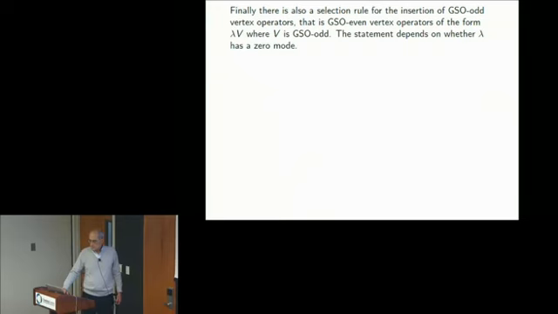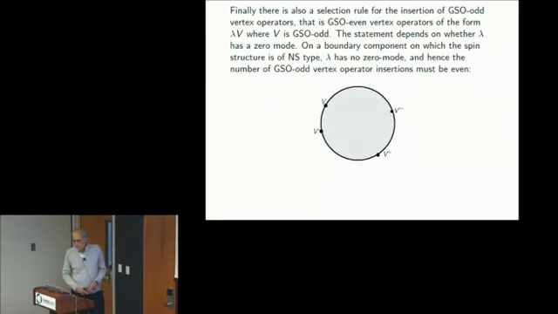Finally, there's also a selection rule for the insertion of GSO odd vertex operators. Well, remember, a GSO even vertex operator can be of the form lambda V, where V is GSO odd. So when I say the operator is GSO odd, I mean the conventional part of the operator is GSO odd. So the statement we want to make depends on whether lambda has a zero mode. On a boundary component where the spin structure is of Neveu-Schwarz type, that means antiperiodic, lambda has no zero mode.